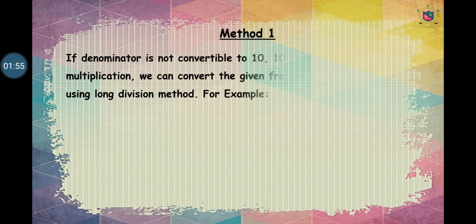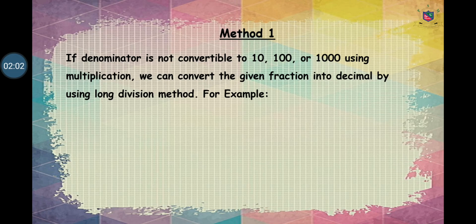Yes, so here we have two methods for converting fractions into decimals. Let's look at the first method. If the denominator is not convertible to 10, 100 or 1000 by using multiplication, we can convert the given fraction into a decimal by using the long division method.